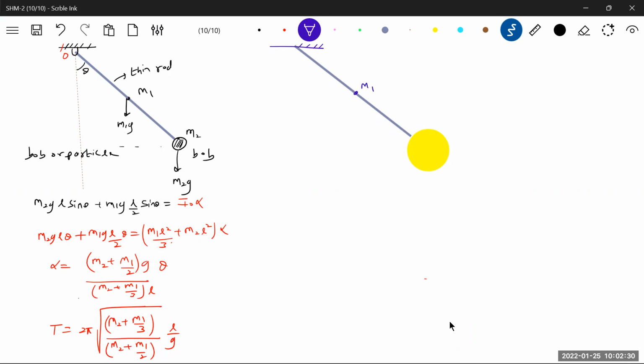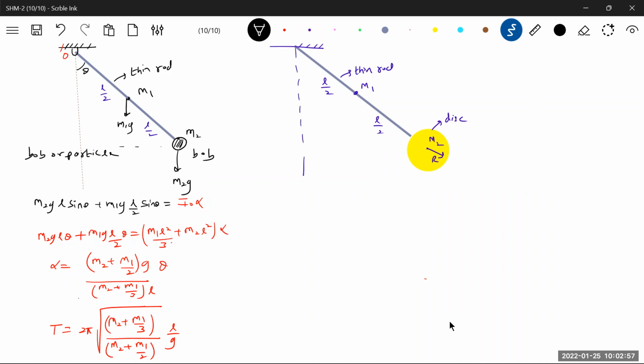This is m1, length L. Let me write clearly. This is the length. This is having radius r. This is m2. This is a disc now.